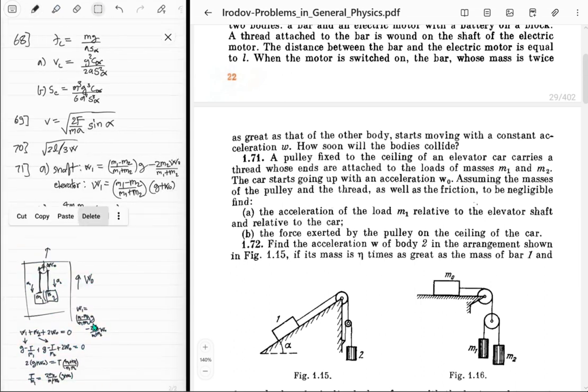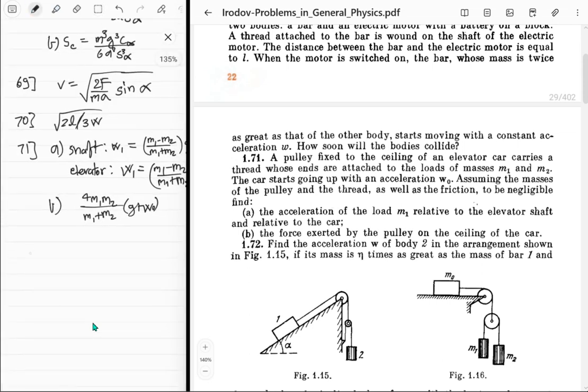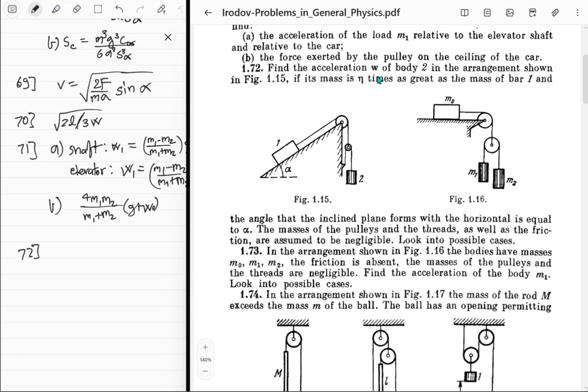Next, 72. Find the acceleration W of the body 2 in the arrangement shown in figure 1.15. If its mass is this much times as great as the mass of bar 1.